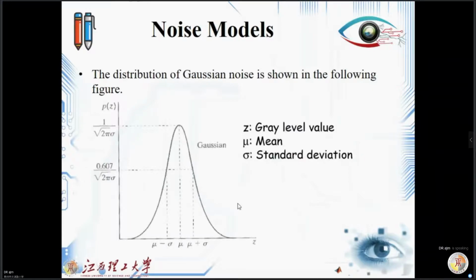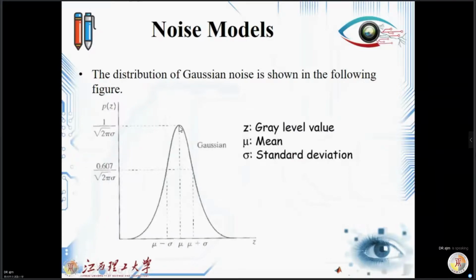And in this, you will see the distribution of Gaussian noise in the figure, with the parameter z as the gray level, mu as the mean value, and sigma as the standard deviation, which I show here. Then you will see that at the center is mu, the mean.